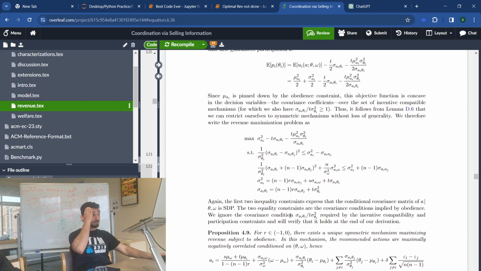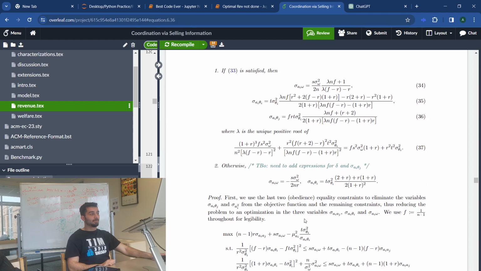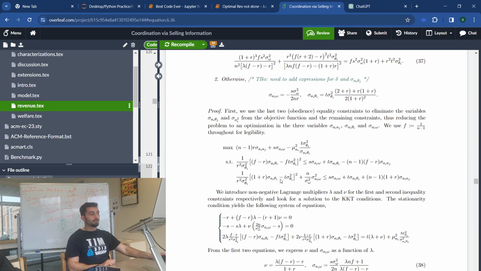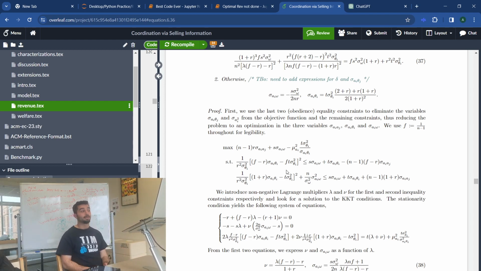R is -1, so let's see here. These are all okay. When R is -1, we don't have any of these terms.